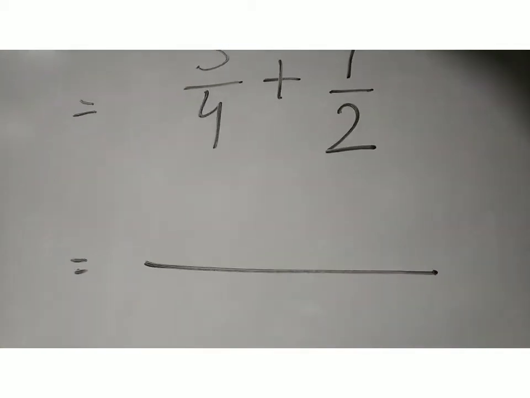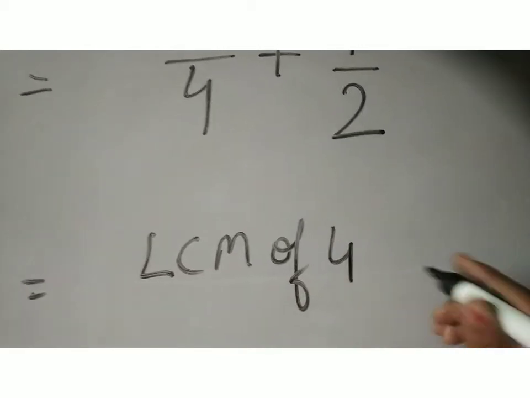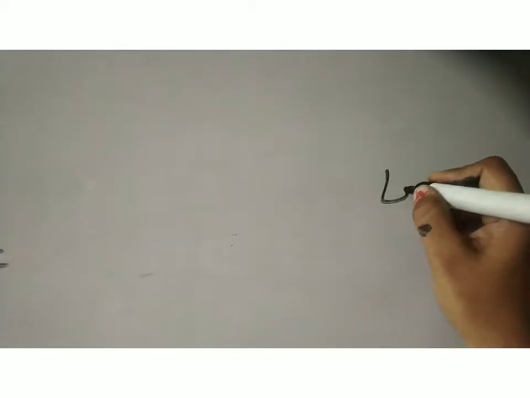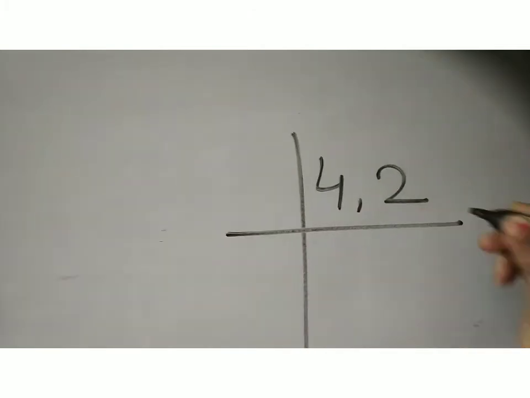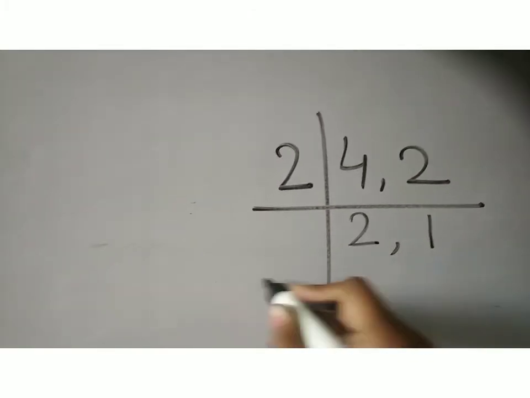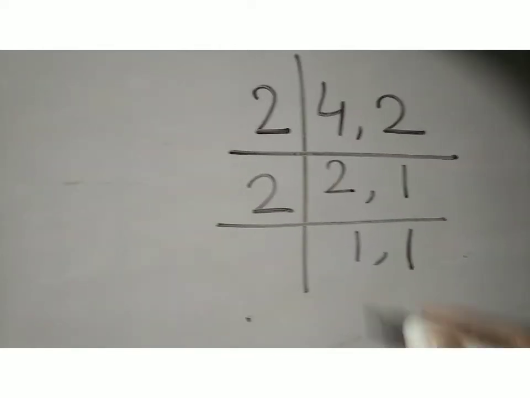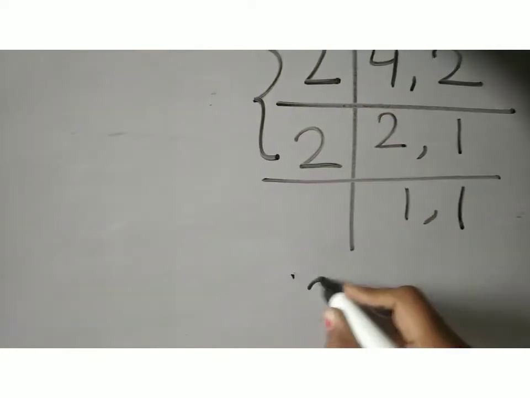So the LCM of 4 and 2: I will write these numbers commonly and divide by 2. 2 2s are 4, 2 1s are 2 and 2 1s are 2. Until I get 1, I will keep on dividing. I get 2 and 2.